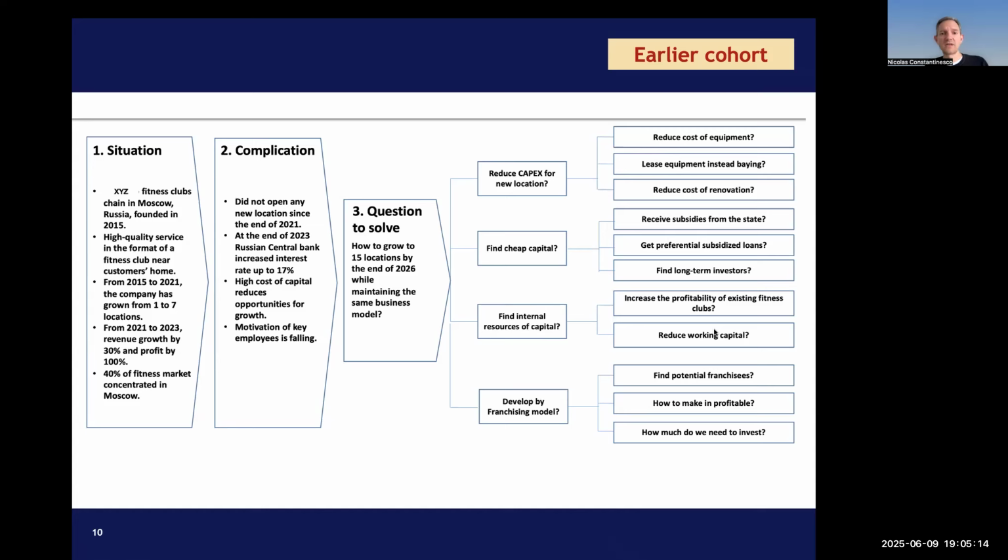The third box could potentially add tax optimization. And then the fourth box is kind of interesting, right? The developed by franchising model. You wonder, but is that consistent with the business model? It feels like potentially a violation of the idea of maintaining the business model, because going franchising is something totally different.